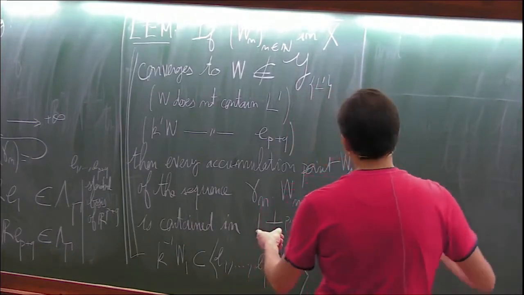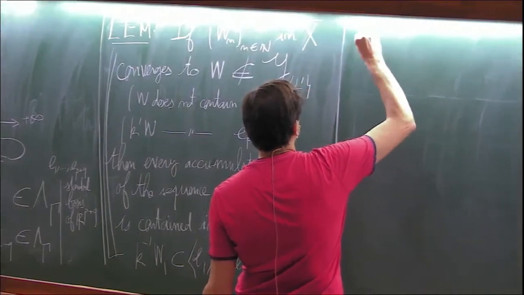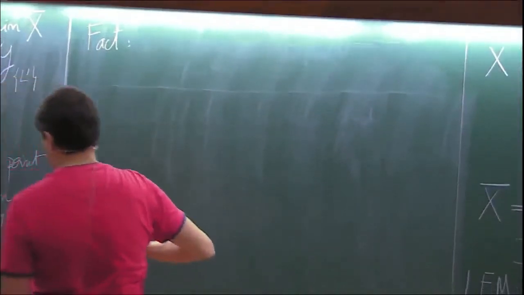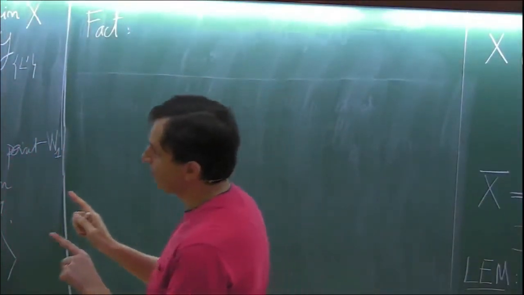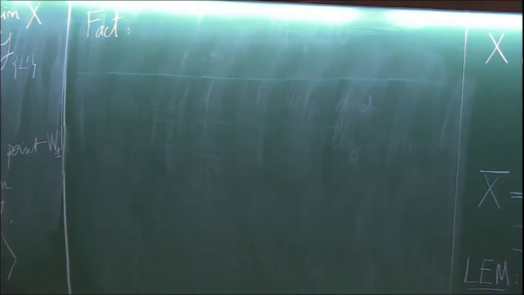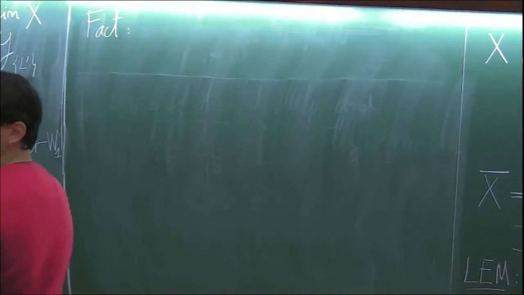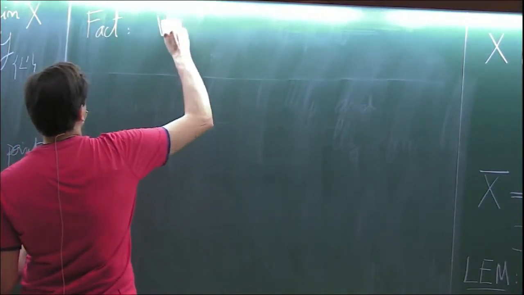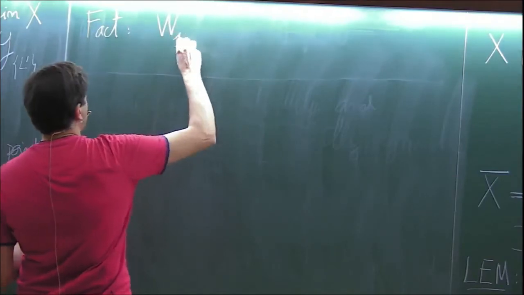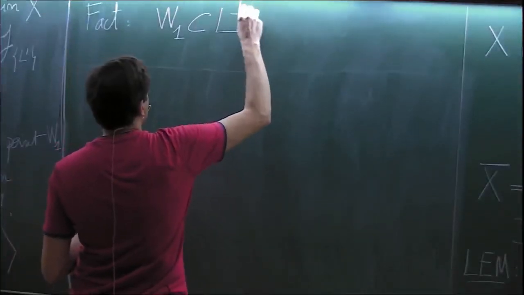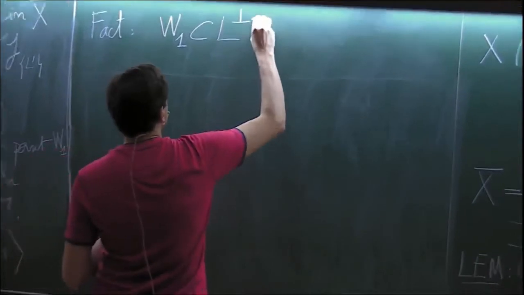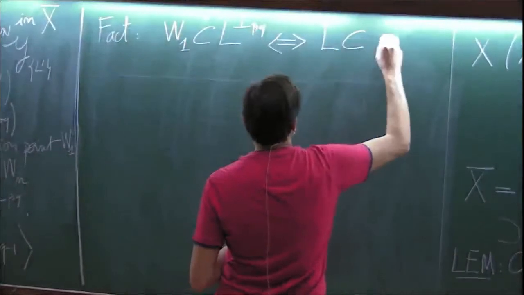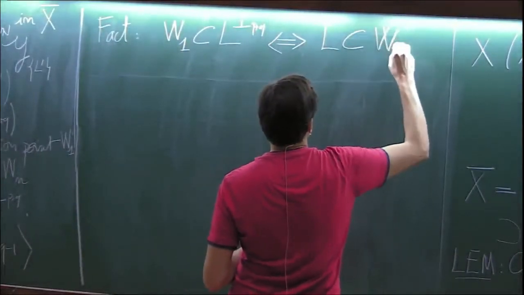But this is a simple remark, and it is based on the fact that the quadratic form is definite in restriction to W: W1 is contained in L orthogonal if and only if L is contained in W1 orthogonal.